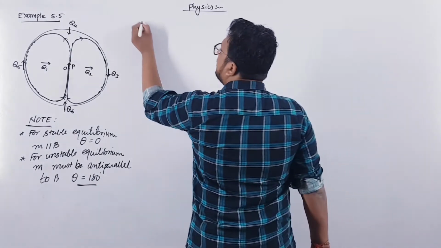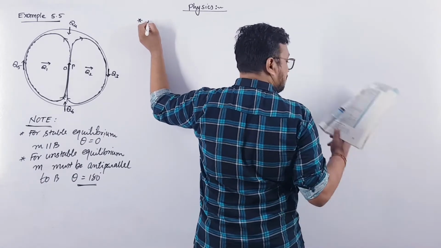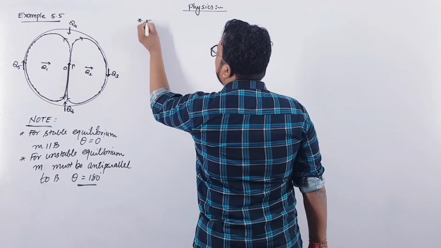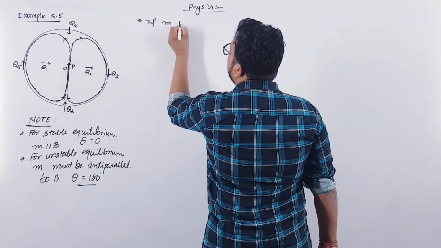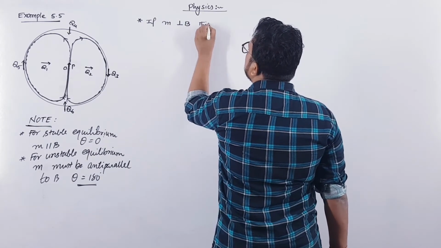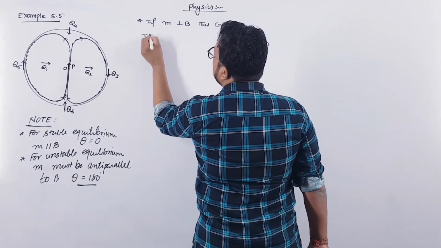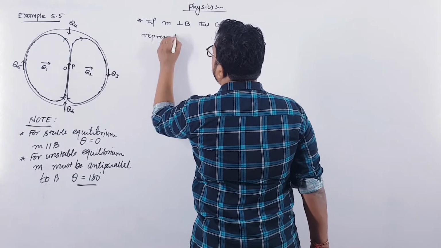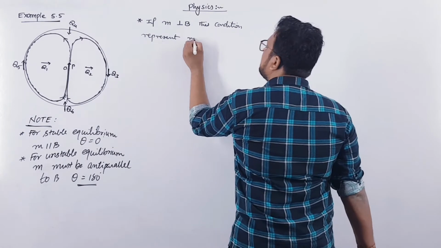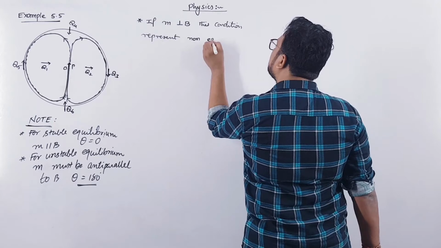And the third condition, when it is not stable, the first condition which we want to find, is not in equilibrium. So if M is perpendicular to B, then this condition represents a non-stable, non-equilibrium condition.